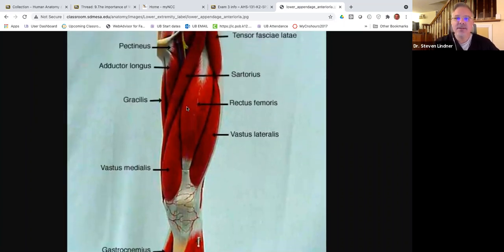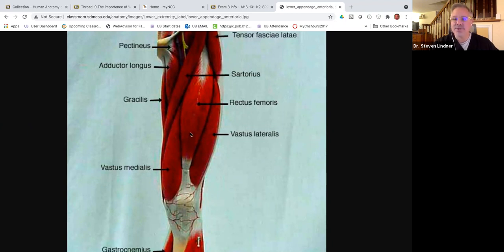Okay, let's go back here so we can see 3 of the 4 quadriceps. So where's the 4th? The 4th quadricep is hiding underneath the rectus femoris. When we look at the rectus femoris, we'll see that right here, there's a cut. And that's because we can take this muscle off, we can dissect it and see what's deep to it. And there is the fourth quadricep hiding deep to the rectus femoris.